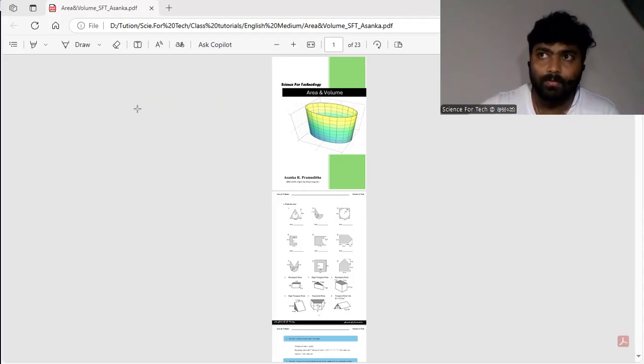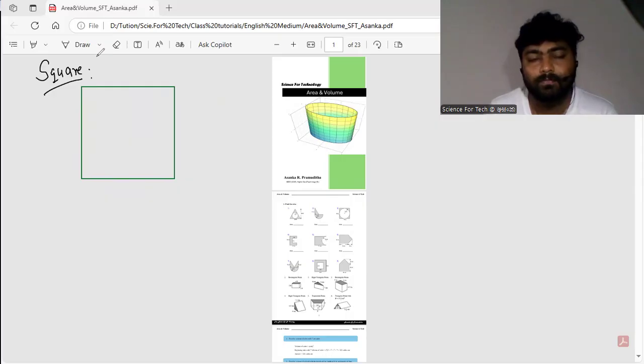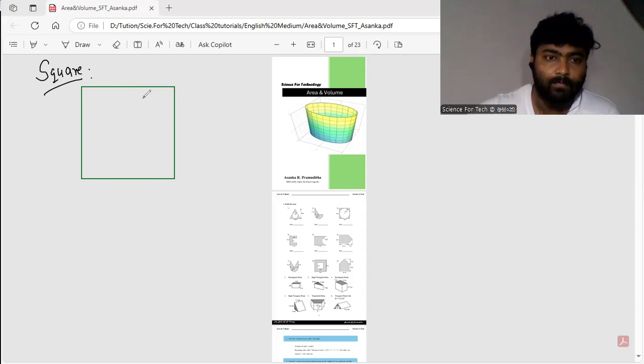I told you to write down the topic as area of plane figures. Then our first plane figure is square. Listen carefully.